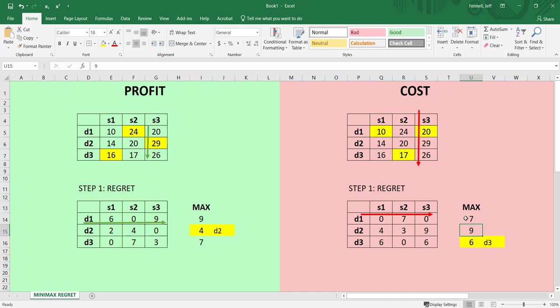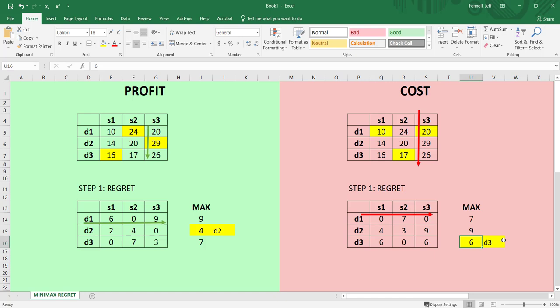Similarly with D1, if it wasn't the right choice, we could stand to pay as much as 7 extra units over better potential alternatives. Whereas with D3, the worst we could do, even if it was a wrong choice, is paying 6 units extra over better possible alternatives. And since that is the least of those maximum regrets, that would be our decision choice under the cost example.